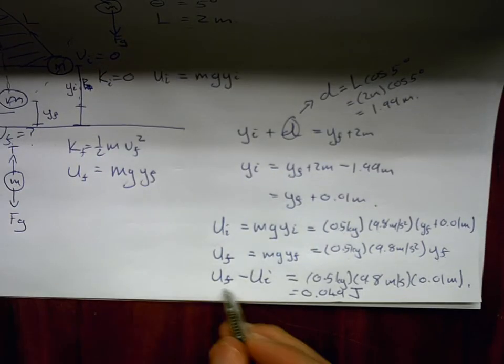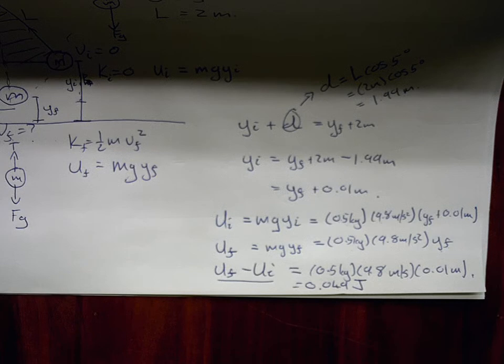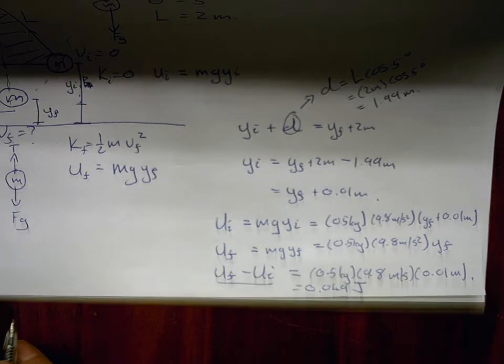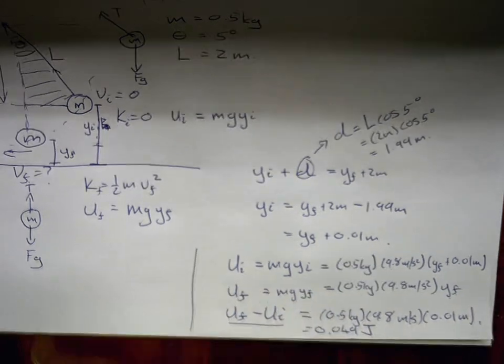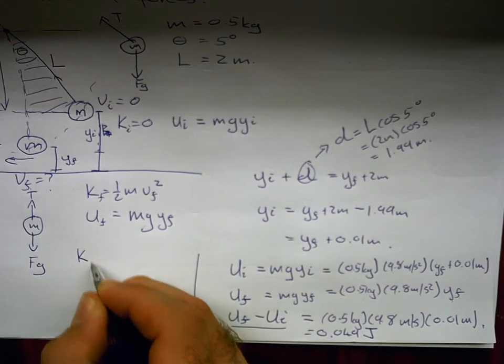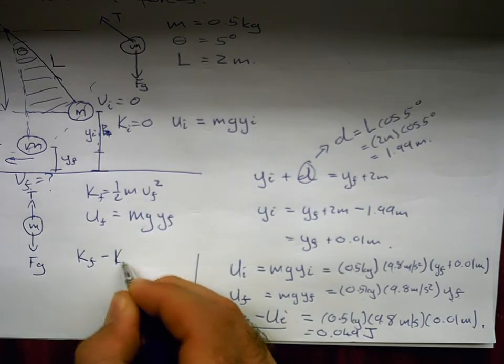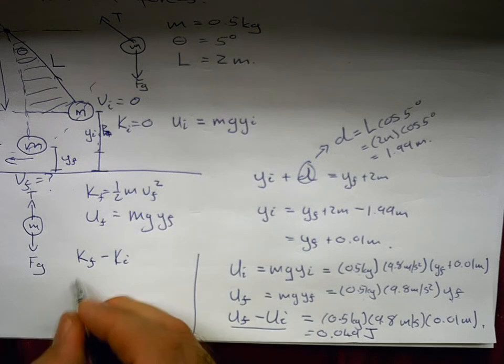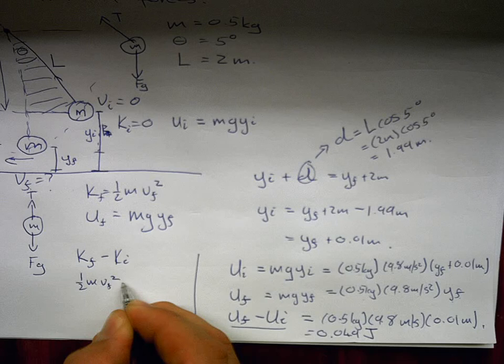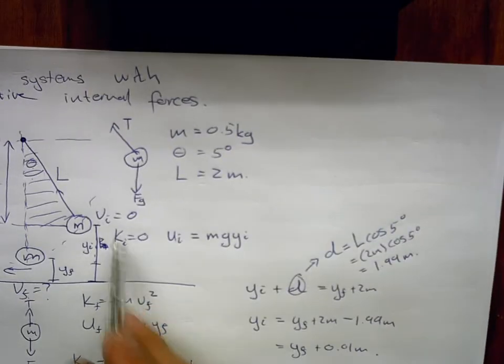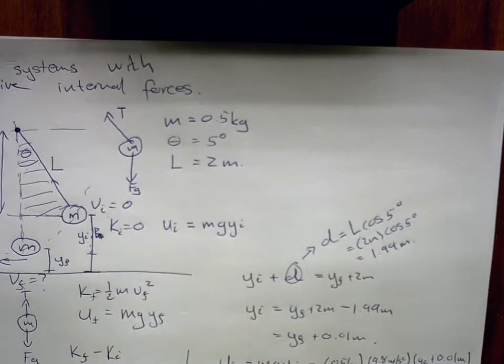So we've calculated the change in potential energy, and we also actually know something about the change in kinetic energy. If I take the final kinetic energy minus the initial kinetic energy, this is a half m v final squared minus, initially, this mass is at rest, so it's got no kinetic energy. So this is simply a half m v final squared.